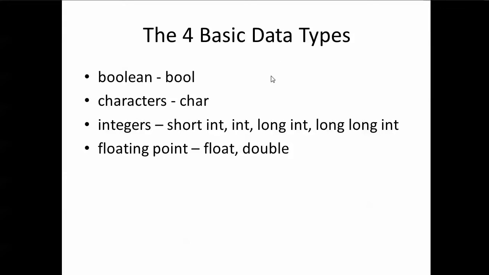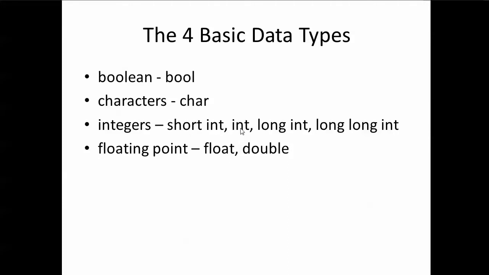So there are 4 basic data types. There's Boolean, which holds a true or false value. That's bool, B-O-O-L. There are characters. That's char, holds a single character, the letter A, for example. There are integers, which just like in math hold integers. There's various types of these of varying sizes.